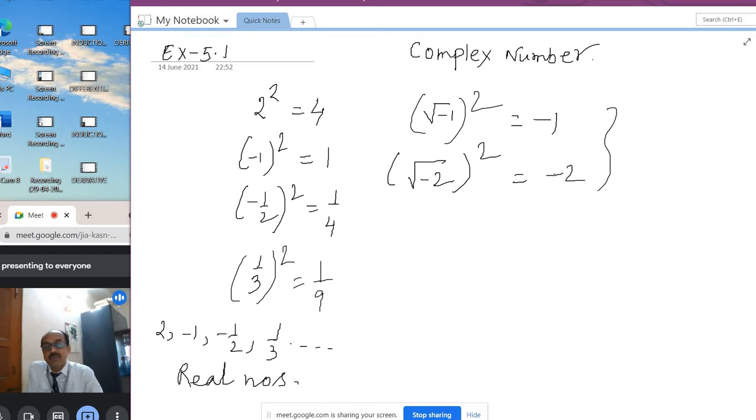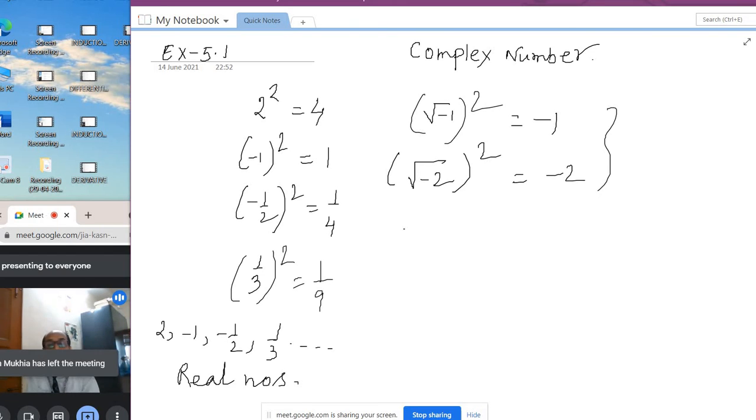So the square is negative. So the numbers whose square is negative are called complex numbers. So this type of numbers are called complex numbers. That means under root of any negative number.